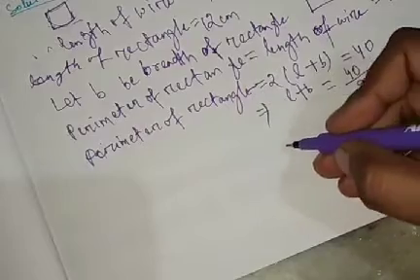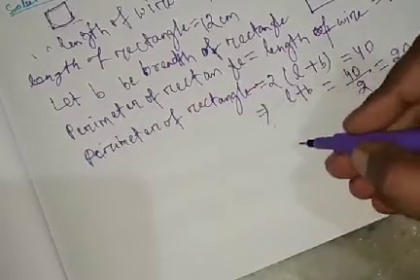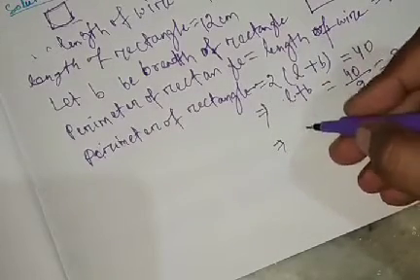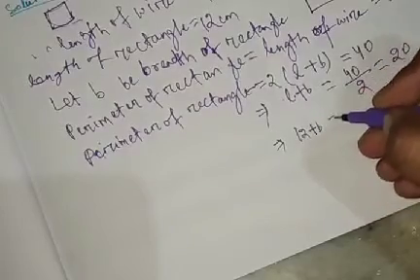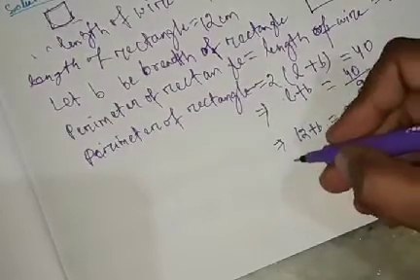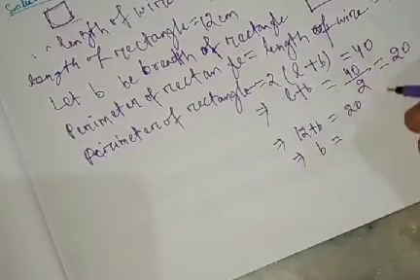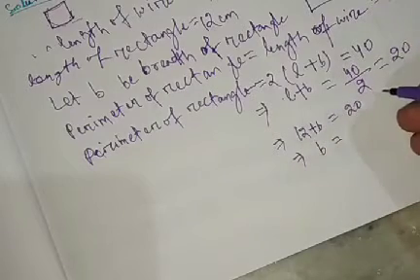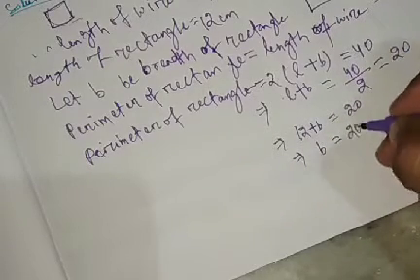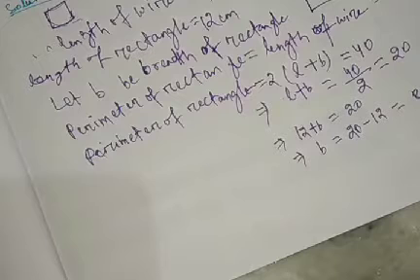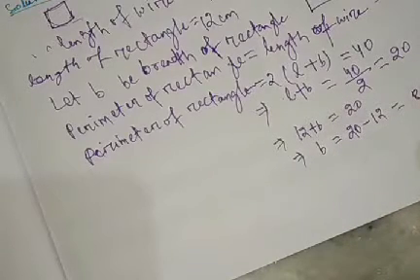Then what you will get? Length is already given. It is 12 centimeter. So 12 plus B equal to 20. So B equal to 20, here 12 is added, then if you go to the opposite side of equal to, it will become minus 12. How much? It is 8 cm. Last write cm. So breadth of rectangle equal to 8 cm.